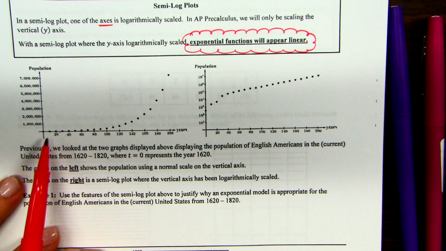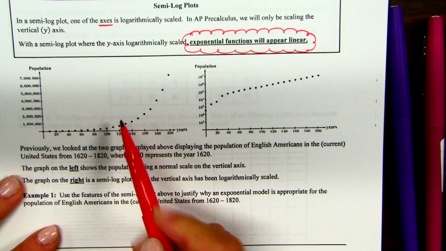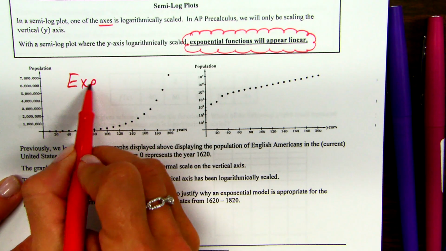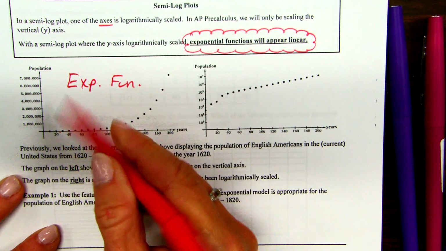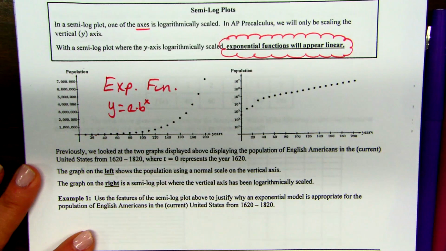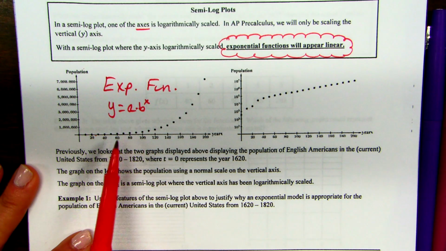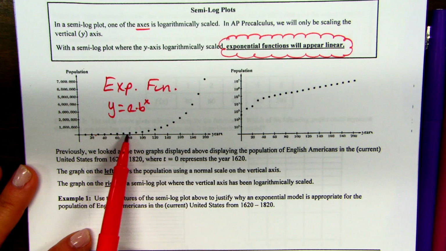All right. So if you look at this traditional J-looking graph, this is an exponential function right here. This is an exponential function because it's that shape, that J shape. And if you take a closer look at those points, how many points? 1, 2, 3, 4, 5, 6, 7, 8, 9, 10, 11, 12.